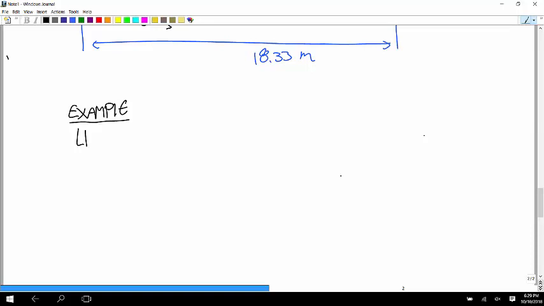Okay, so this is like number 2 in the practice problems.